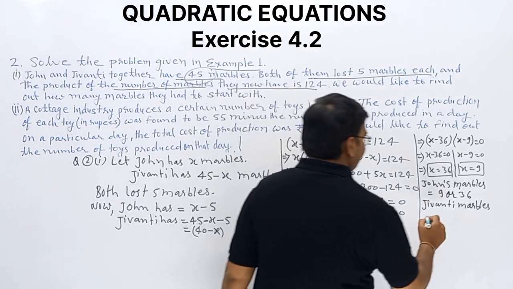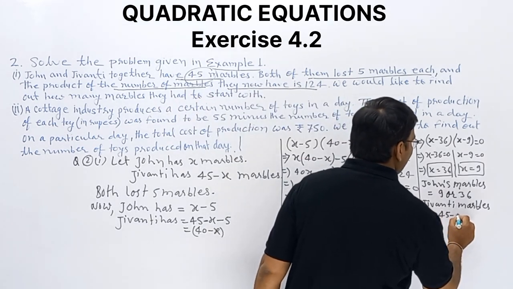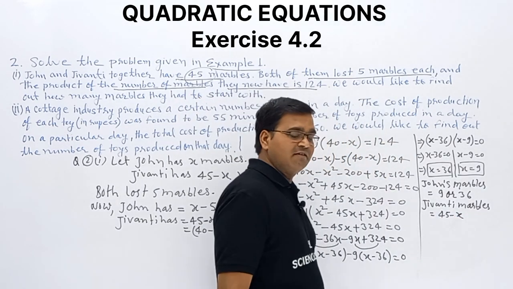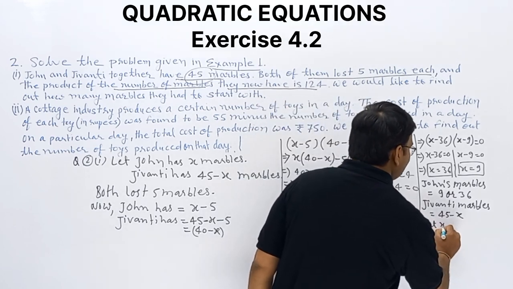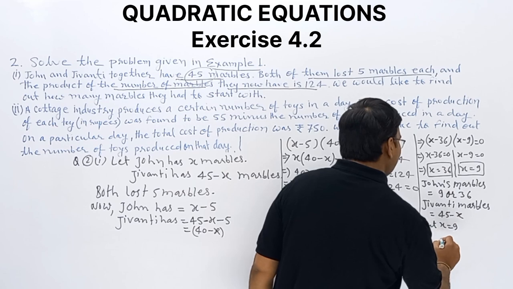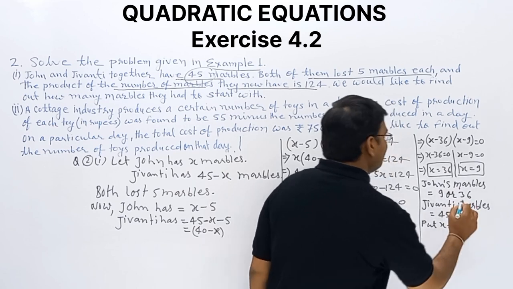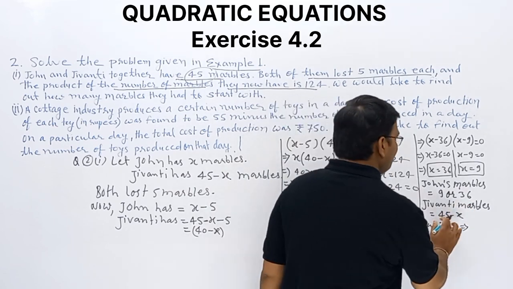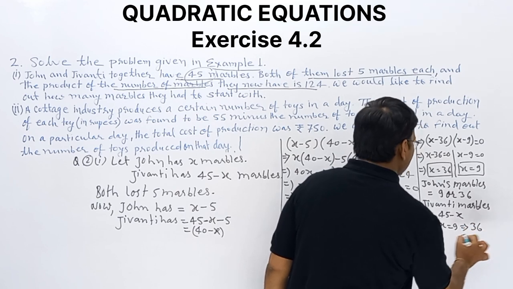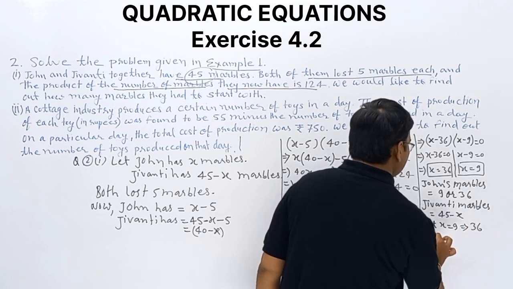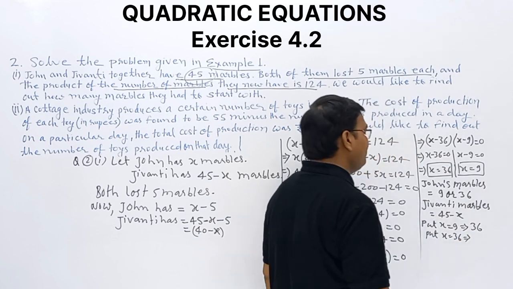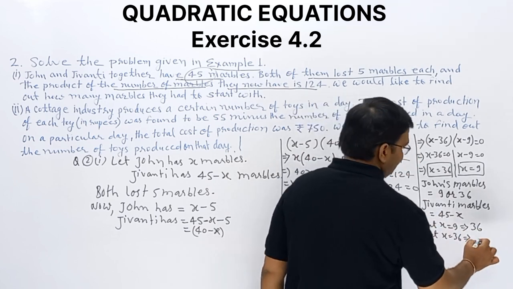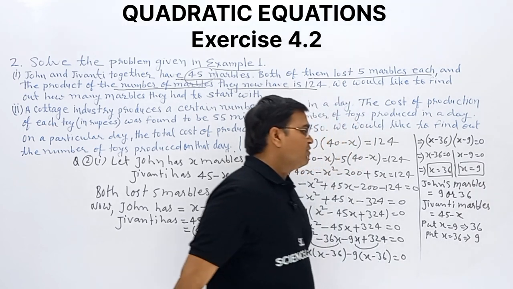45 minus x, equal to 45 minus x. Clear? Put x equal to 9, then how many marbles is Jeet having? 45 minus 9 will be 36. Put x equal to 36, how many marbles is Jeet having? 45 minus 36, 9.